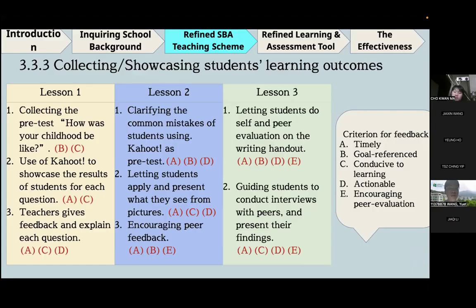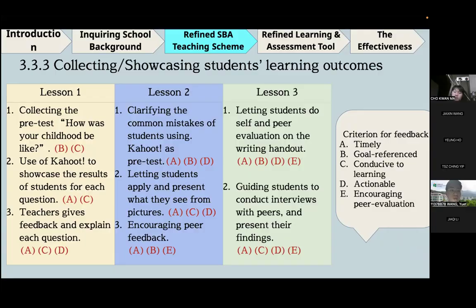So for lesson 2, firstly, the teacher would clarify the common mistakes that the students are making using the Kahoot, and it aligns with criterion A, B, and D. The teacher would also let students apply and present what they see from the pictures during the picture prompts part, and it aligns with the criterion of timely, conducive to learning, and actionable.